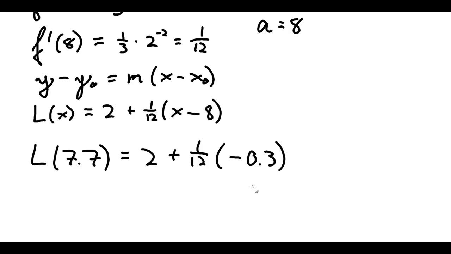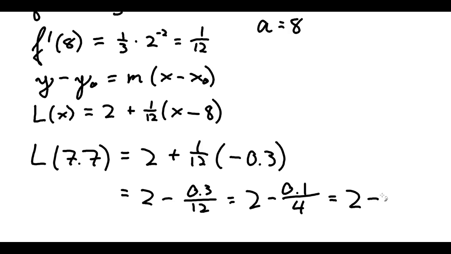And now you might see part of the reason why it's useful to leave it in this form, because now we get something that's a little bit simpler as we multiply by the appropriate fraction. So let's go ahead and start simplifying this a bit. This is 0.3 over 12. And if we divide 3 out of both of those, we have 0.1 divided by 4.